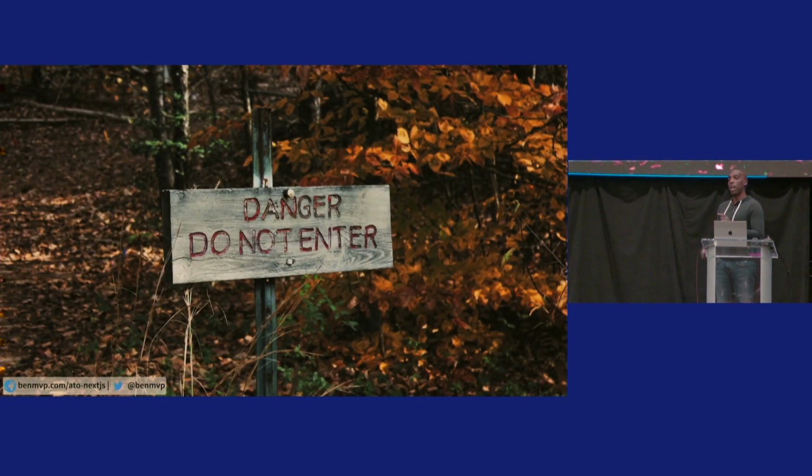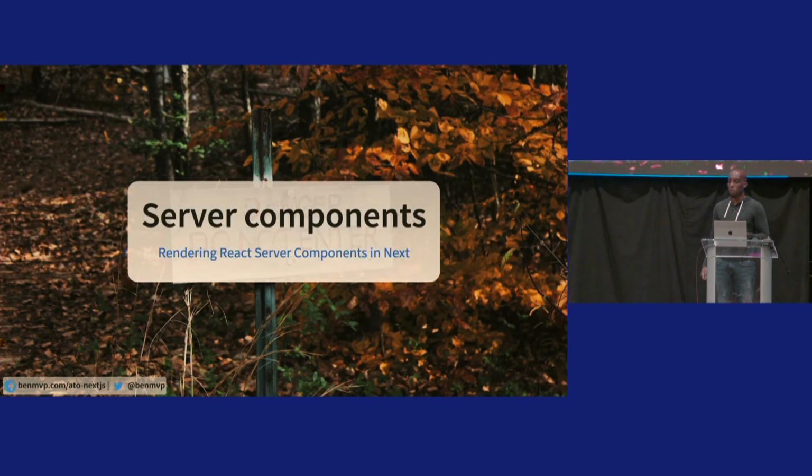Okay, actually, before I wrap, you may be wondering, okay, so what about this thing called server components that came out with React 18? Everything I just described was from Next. Next has 2 types of routers now, the pages router and the app router that came with Next 13.